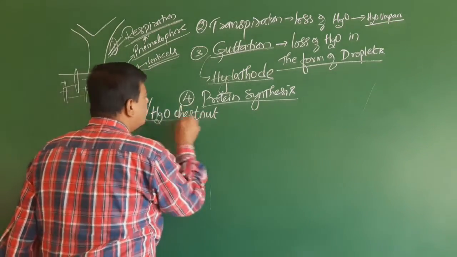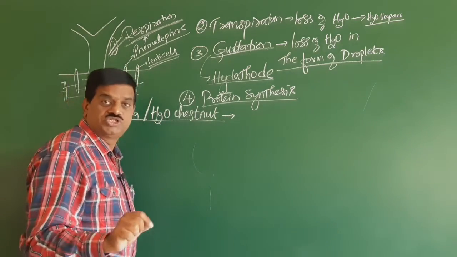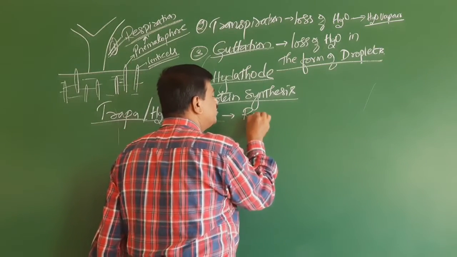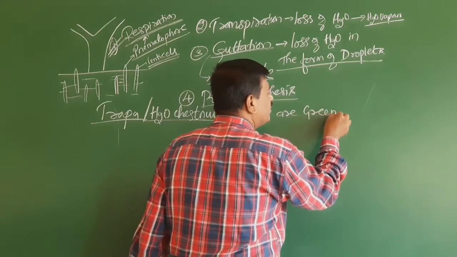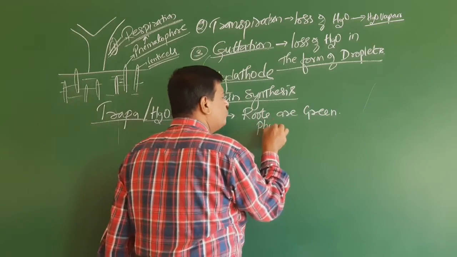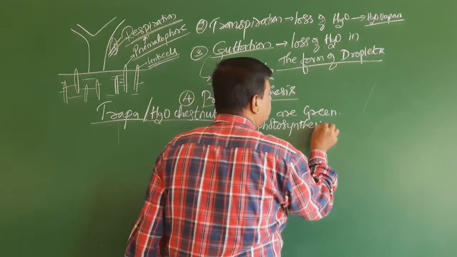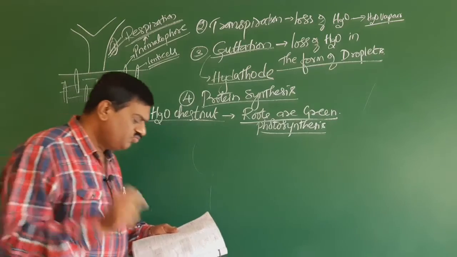A very important point in this water chestnut is that the roots are modified for photosynthesis. The roots are green and they help in photosynthesis. So in Trapa, roots are green in color and help in photosynthesis.